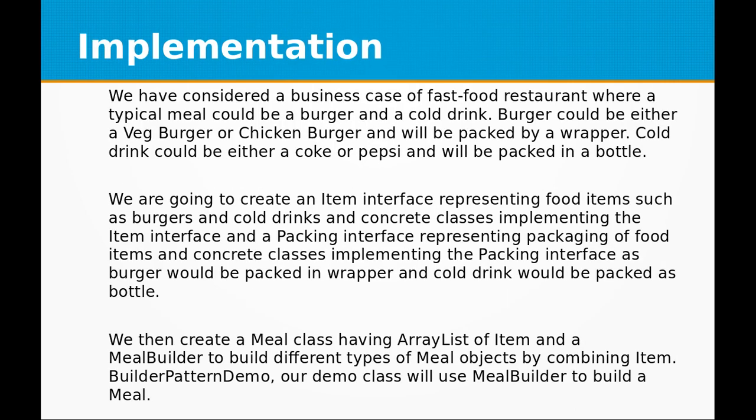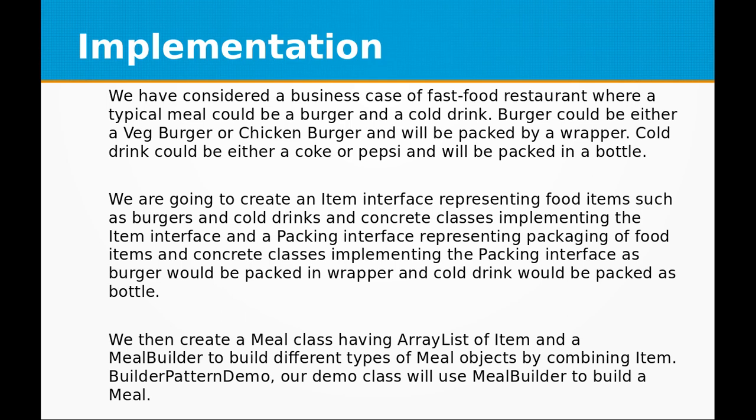We have considered a business case of a fast food restaurant where a typical meal could be a burger and a cold drink. The burger could be either a veg burger or a chicken burger and will be packed in a wrapper. The cold drink could be either Coke or Pepsi and will be packed in a bottle.